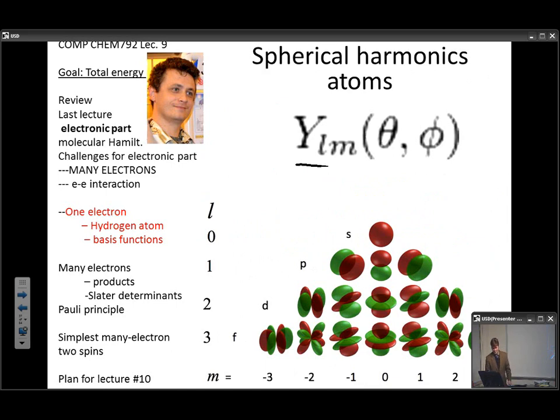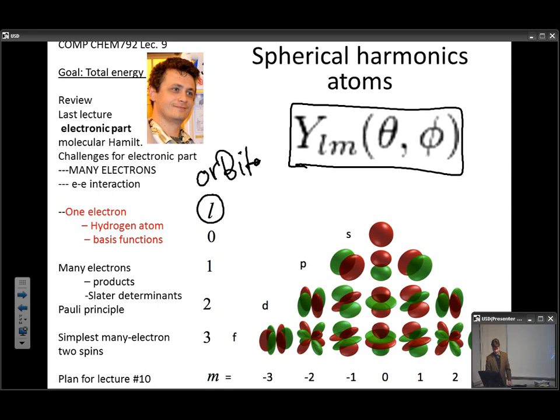Here are examples of those dependences on angle. There are orbital and magnetic quantum numbers that determine those shapes, and the bigger those numbers are, the bigger the number of nodes and lobes as a function of angle.